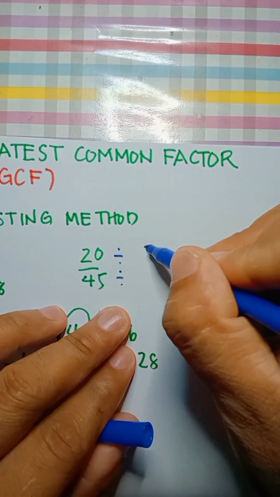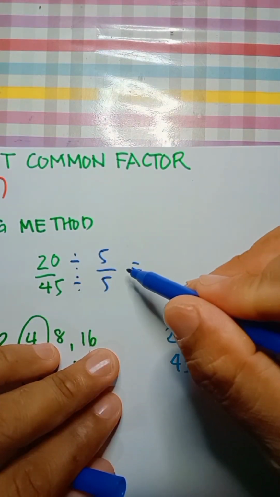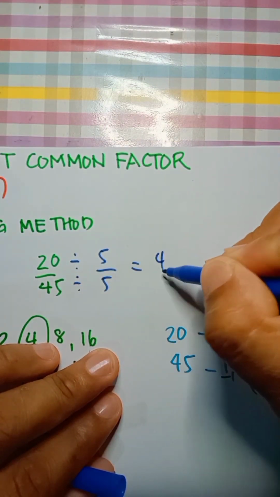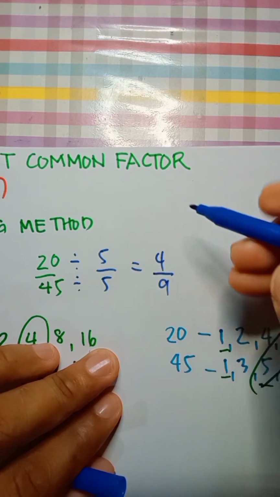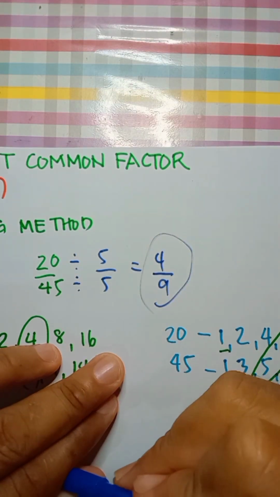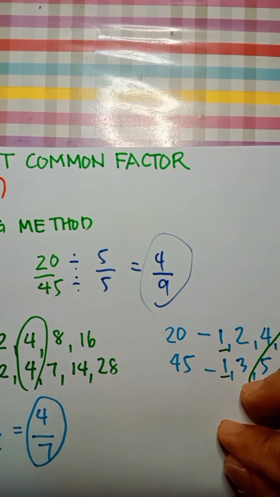So 20 divided by 5 is simply 4. And 45 divided by 5 is simply 9. And this is the simplest form or the reduced form of the 20 over 45 fraction.